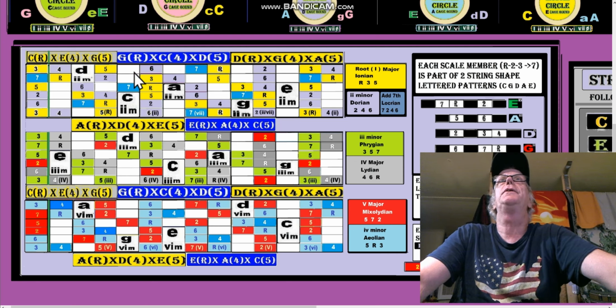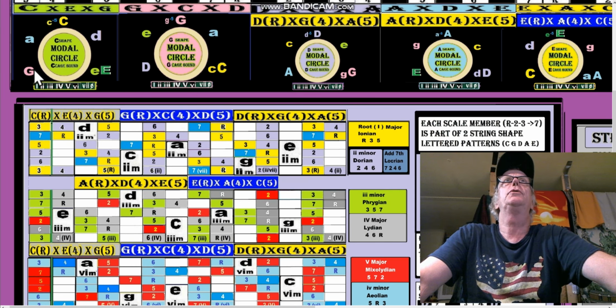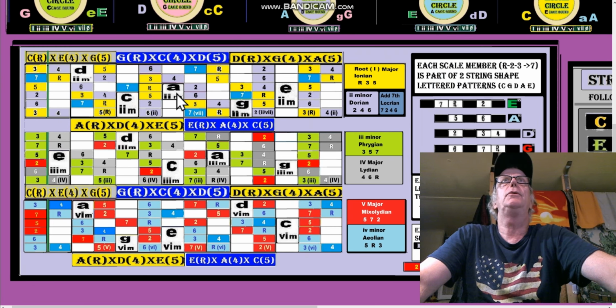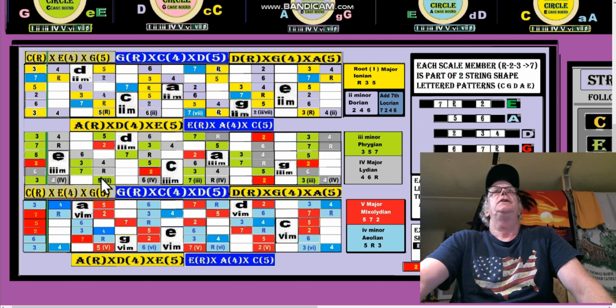So that's the usual diagram that I was using before. These are just modal circles instead of them rolled out and shown as banners. They're circles that go around. Okay, so let's not get back into the modals. Then we have the Phrygian and the Lydian, which don't share any, even though they're a half step apart.